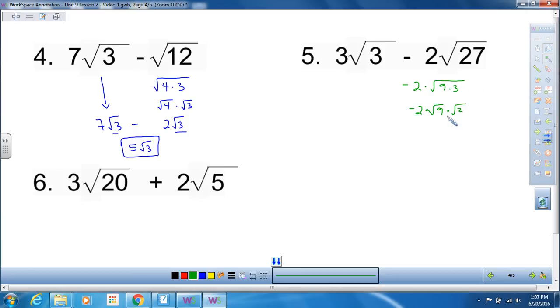And it's 9 times 3, which equals 27. My negative 2 times 3 times square root of 3. So that's negative 6 square root of 3.